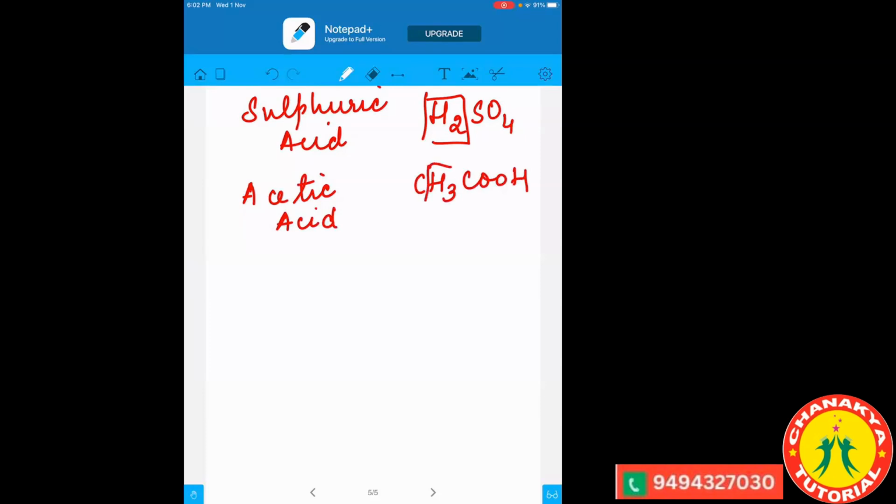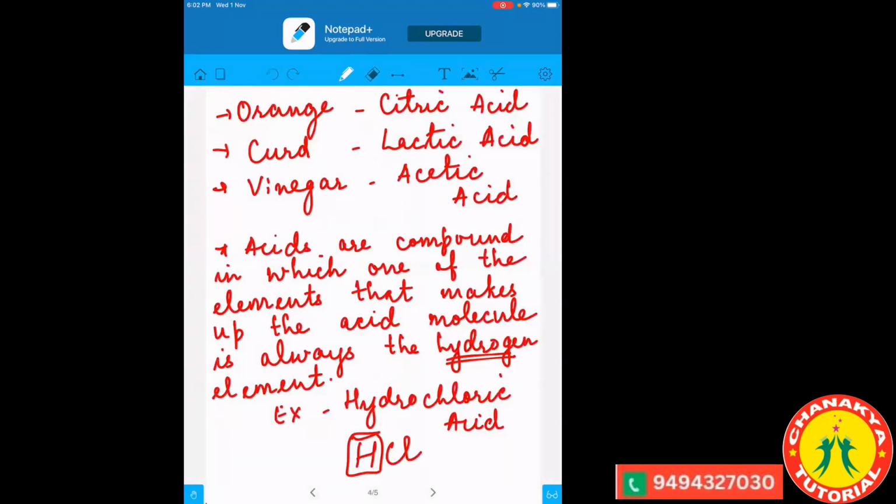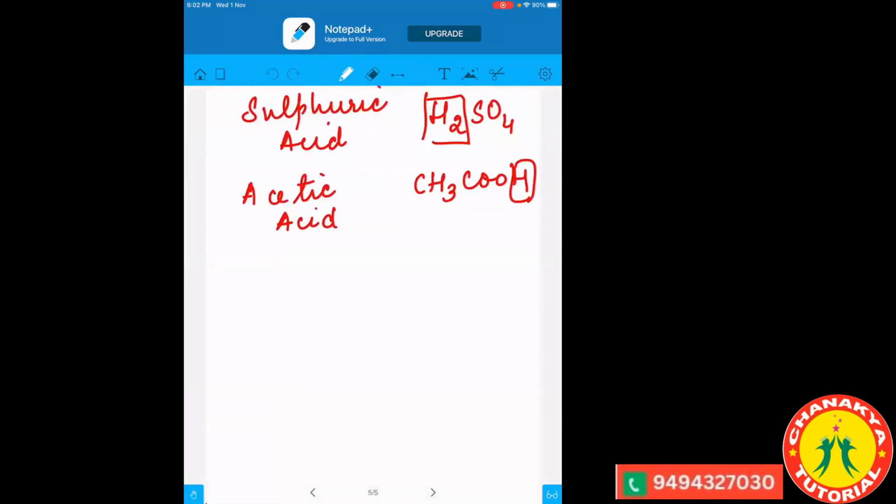In this also we have the hydrogen. So whatever acids we have, all the acids will have a compulsory hydrogen element. So that is the third point: acids are a compound in which one of the elements will always be the hydrogen element in it.